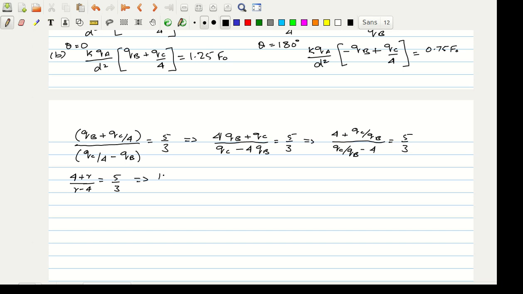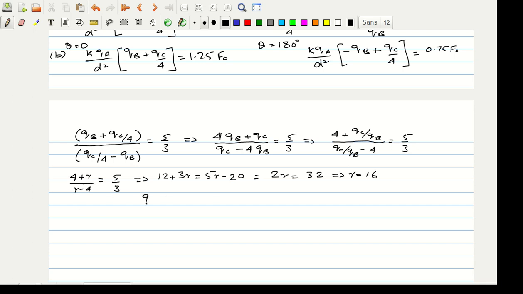So 12 plus 3R is equal to 5R minus 20, and you get 2R is equal to 32 and R is equal to 16.